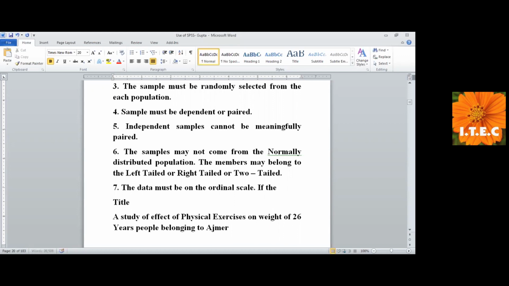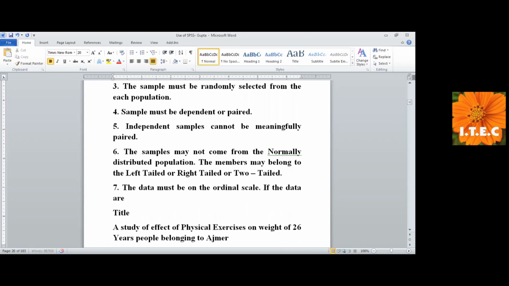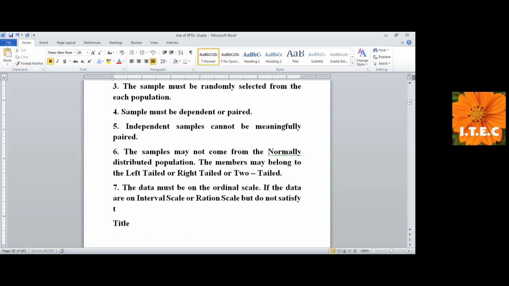If the data are on an interval scale or ratio scale, but do not satisfy the assumptions of a parametric test, the sign test can be used.